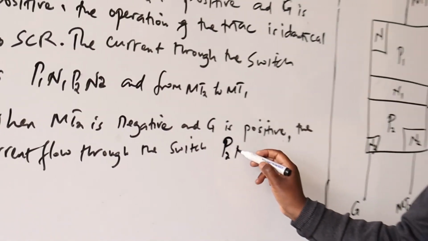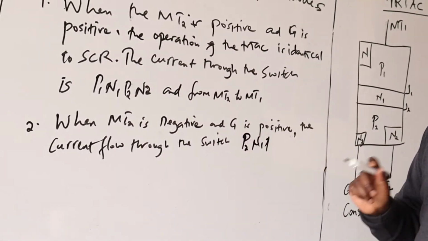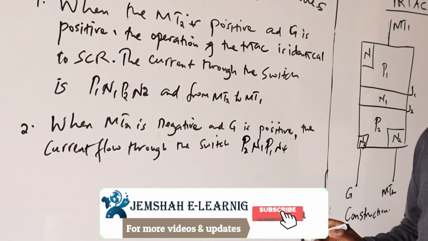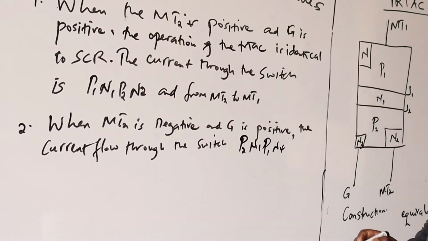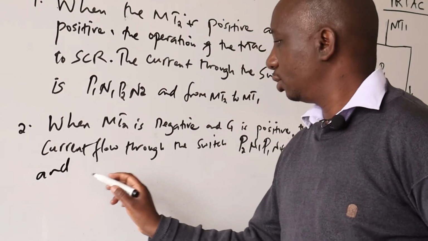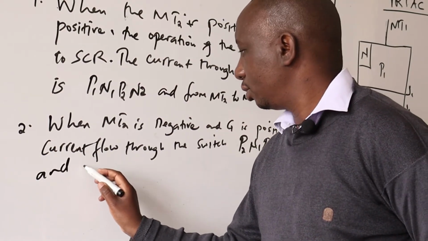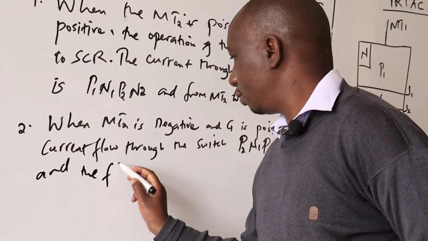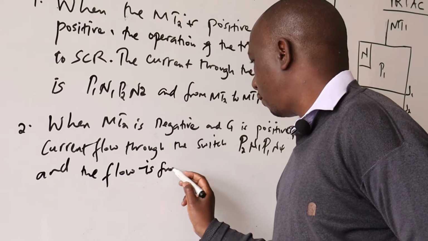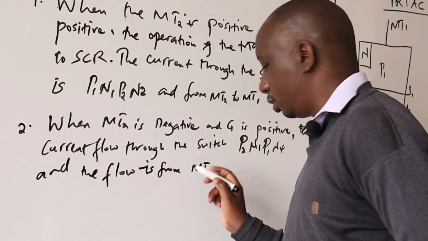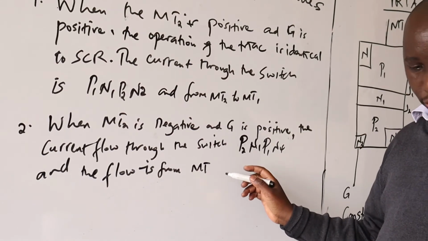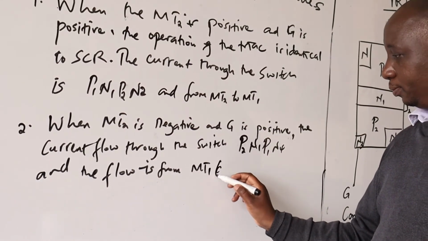It flows through the switch P2N1, then P1, N4. And the current flows from MT1 to MT2.